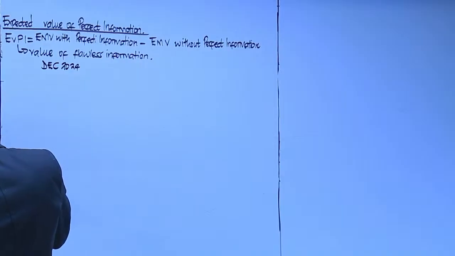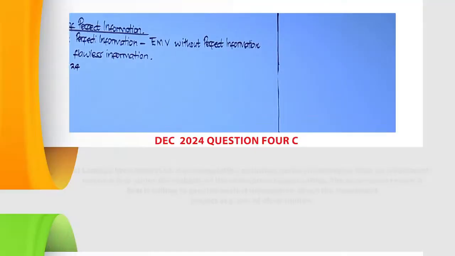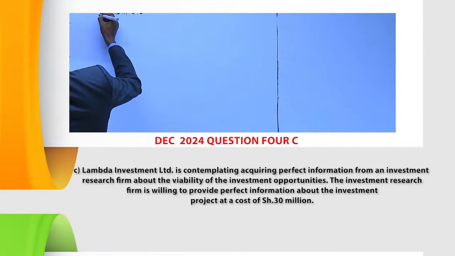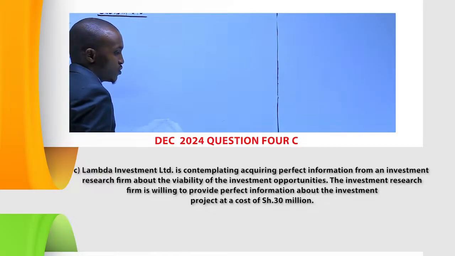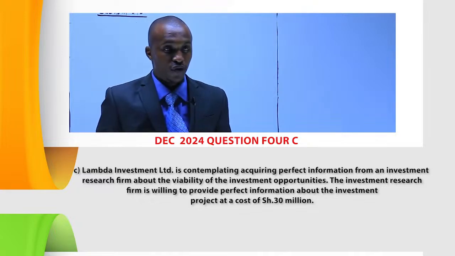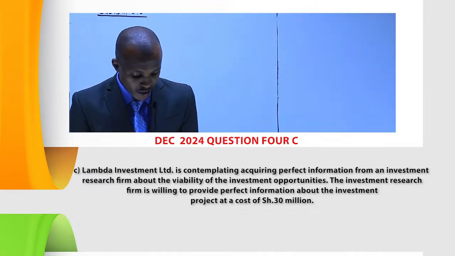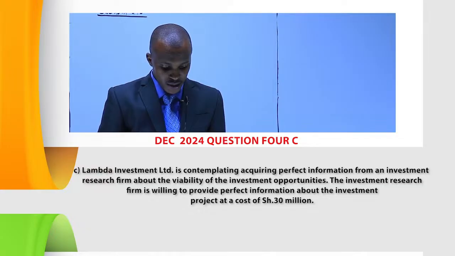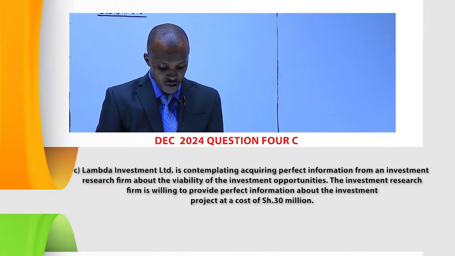2024, question 4C. Though we will need to use information on 4B. 4C is saying Lambda Investment Enterprise Limited is contemplating acquiring perfect information from an investment research firm about the viability of the investment opportunities.